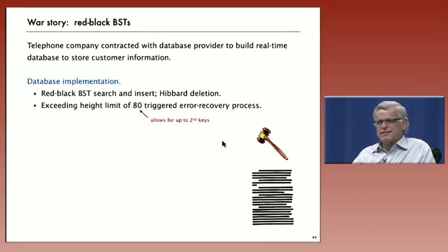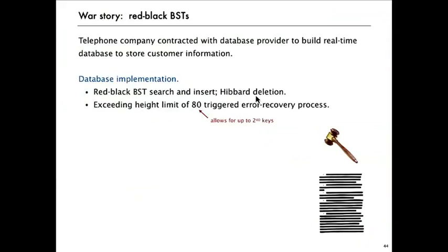So what they did in this implementation was they just put in regular Hibbard deletion in the Red Black BST, not the deletion algorithm that's guaranteed to keep the constant black height all the time. But they still thought that it should be balanced and it shouldn't matter much.